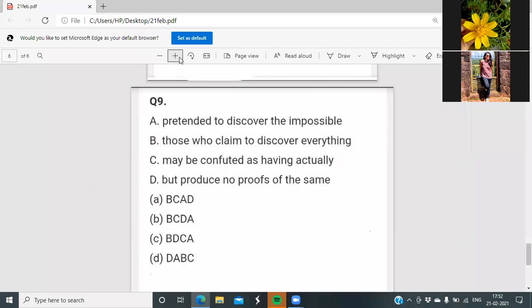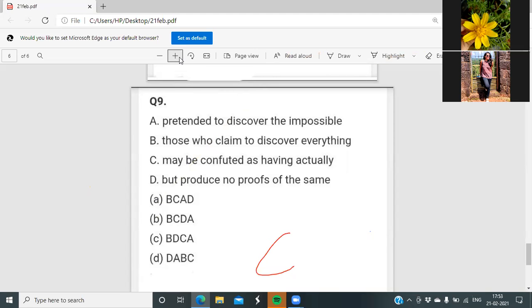Someone has mentioned answer as option A. Someone has mentioned answer as option B. Please always remember, the correct answer is option C. Here, those who claim to discover everything but produce no proofs of the same may be confused as having actually pretended to discover the impossible. Very simple. This was a very simple question. So C is the correct answer.